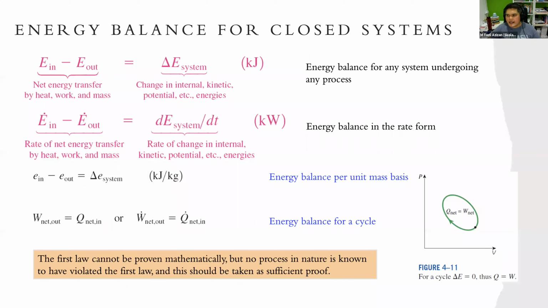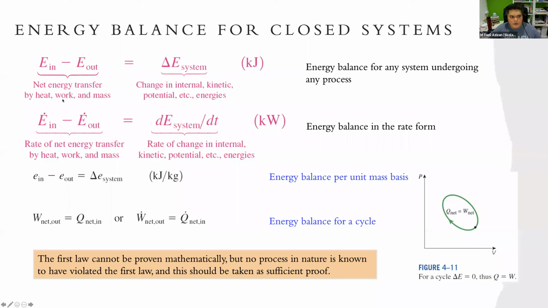Energy cannot be created or destroyed, but energy can transfer from one form to another form. So here we can calculate the energy balance: energy in, whatever energy is supplied, minus energy out, gives the change of energy of the system.